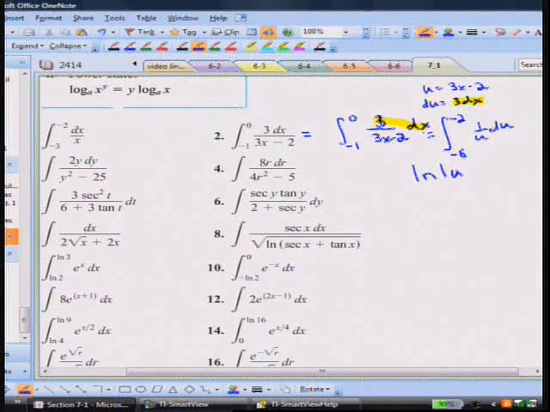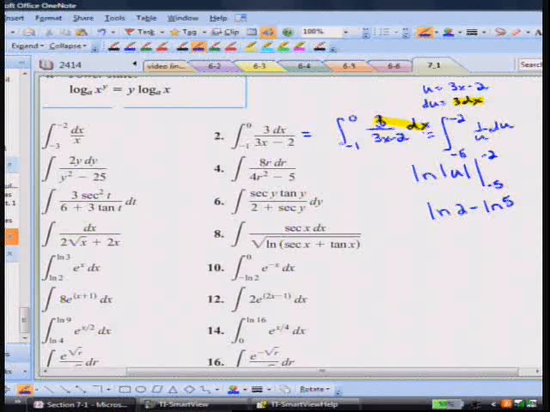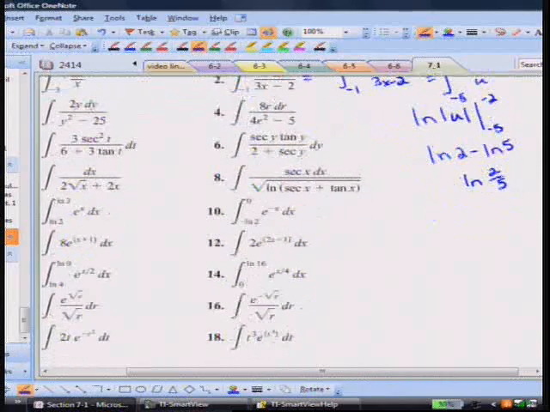That's what this is, evaluated between -5 and -2, so this is going to be the ln of 2 minus the ln of 5. Okay, and then you might remember that you could write this as a single logarithm with the quotient rule as just the ln of 2 fifths. Does that make sense?